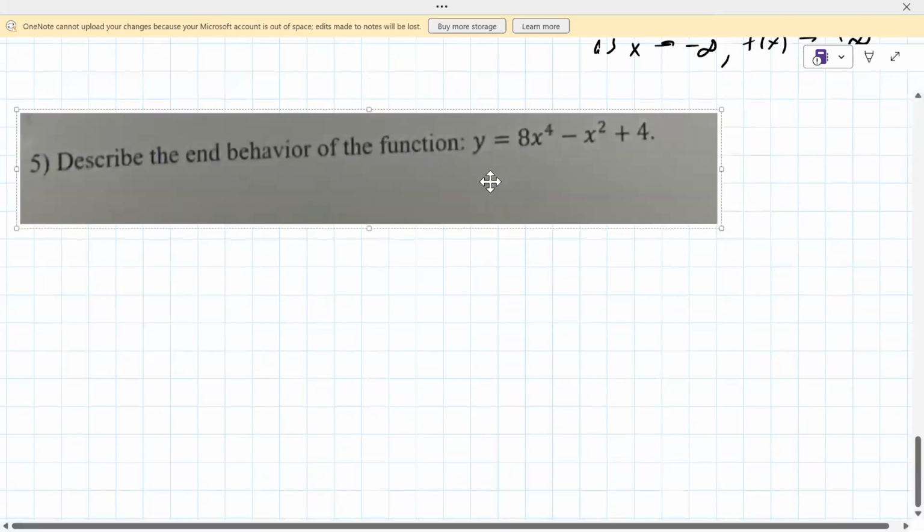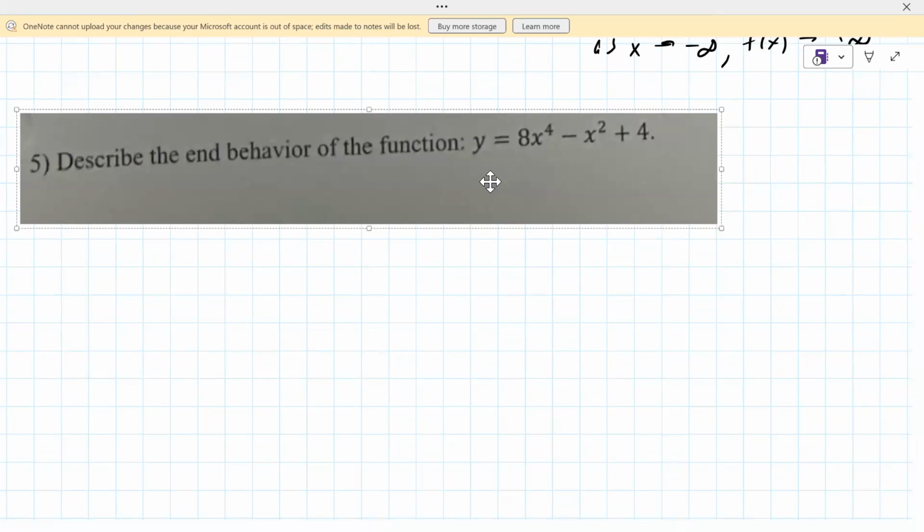You have to be able to identify the degree and the leading coefficient. What is the degree of this? The degree is 4 and the leading coefficient is 8.